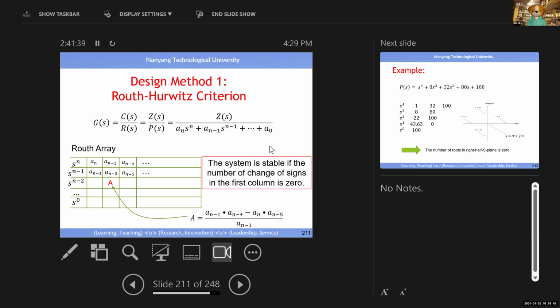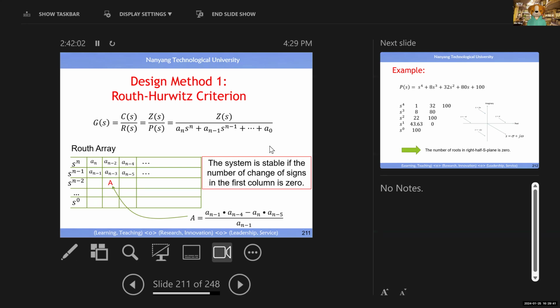It's a_(n-1) for this one, then a_(n-4), a_(n-5). How to compute this one? In a diagonal way: a_(n-1) times a_(n-4) minus a_n times a_(n-5), divided by a_(n-1). Always follow this formula, done already.